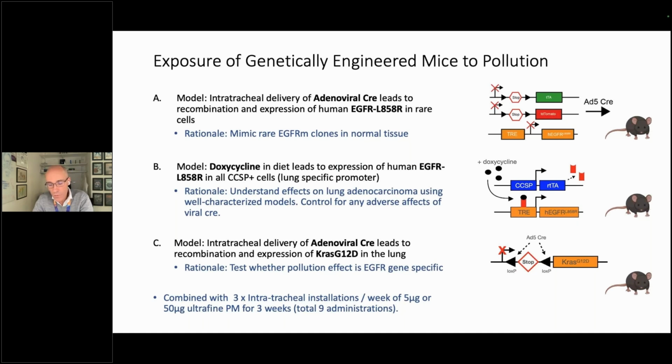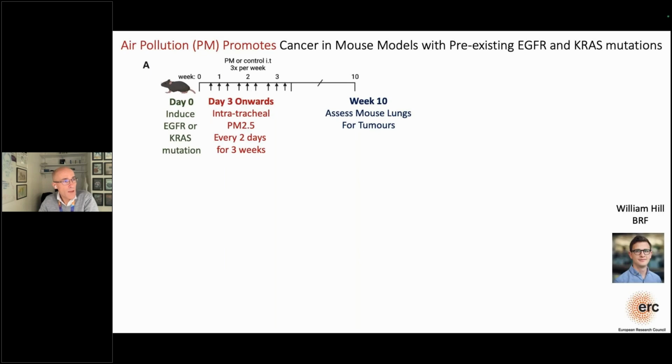Suffice to say, what we can do in these mouse models is induce a specific mutation in the lung epithelium, in the lungs of mice, by genetic techniques. And then we can expose mice to air pollution to see if you can enhance tumor formation. And we do this like this.